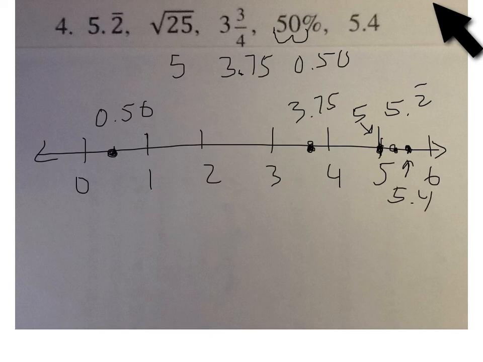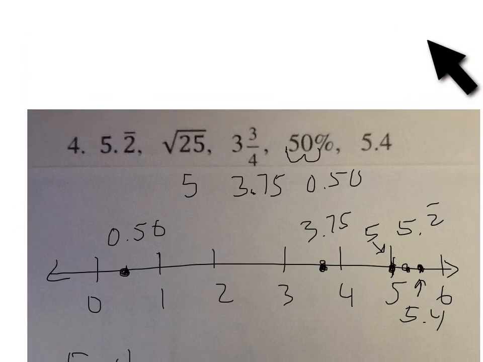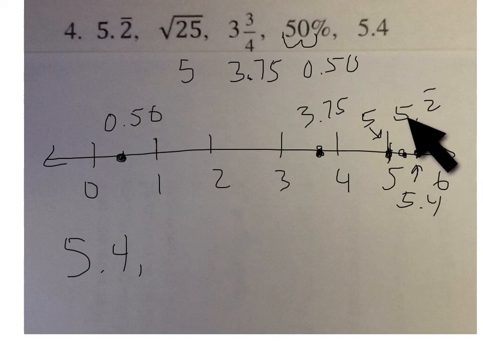So now, looking at my number line, the biggest number I have is 5.4. So I'm going to write that first. Then moving past 5.4, next is 5.2 repeating.